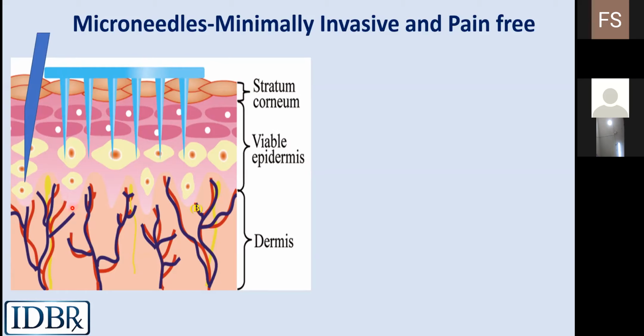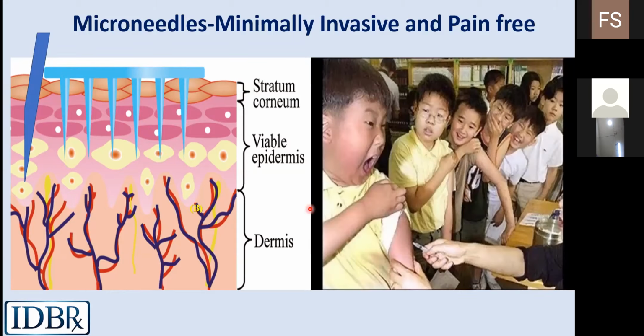So this was the thought initially, and this was mainly envisioned as a pain-free way of delivering drugs, mainly for vaccine delivery, as many people are needle phobic, as you see. Particularly kids are needle phobic. They don't like injections, and it's really painful, and people cannot take too many injections within a short span of time.